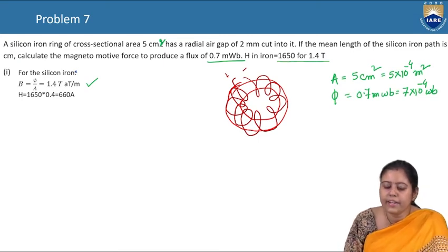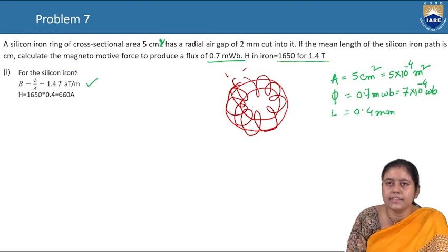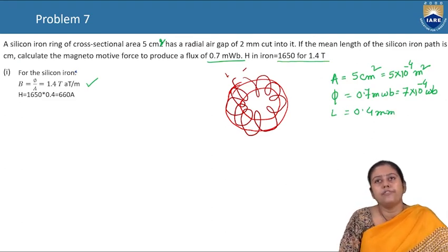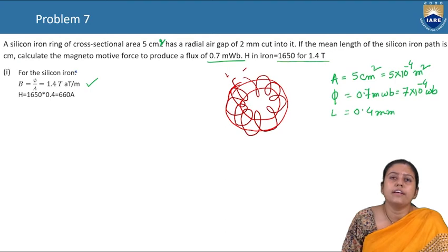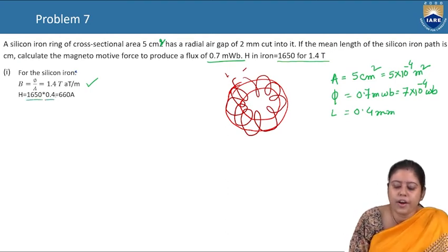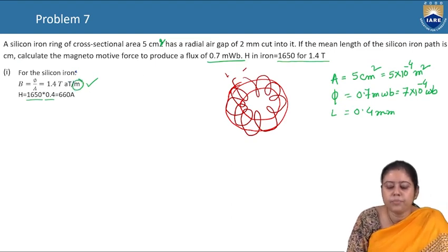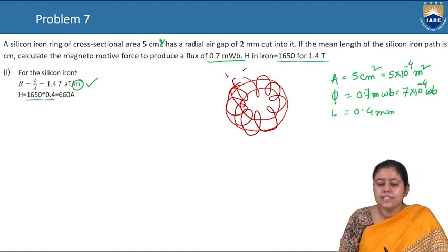And the mean length is given as 0.4 meter. So what is the total H? Total H is 1650 into 0.4. H is given per meter, so H per meter is 1650.